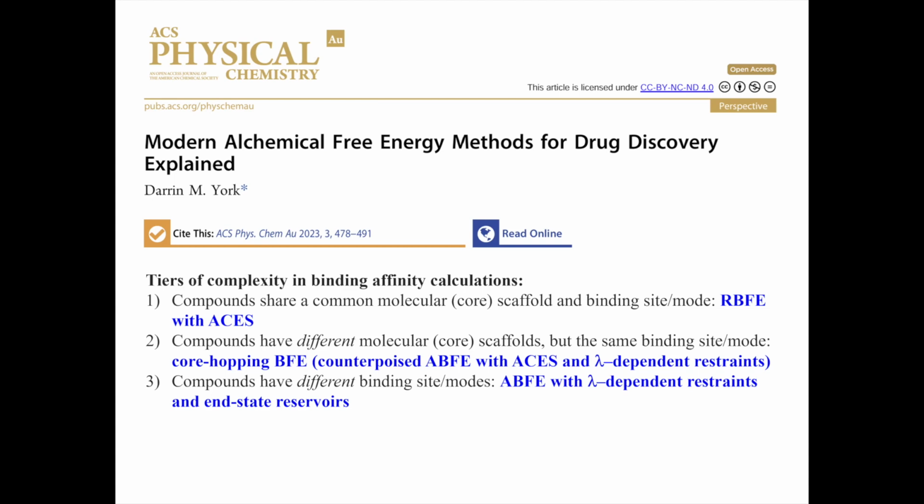So always with free energy calculations, half the art of this is trying to formulate the question so that you're going to get an answer to a question that's actually computationally convenient to answer.